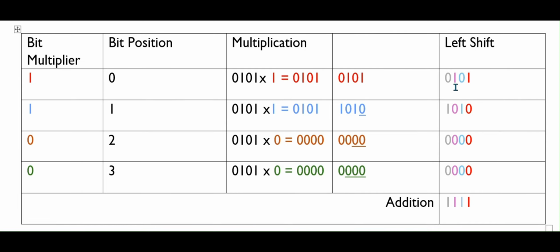Now, there are some numbers that could span beyond the 4 bits. What happens in that case is that you have to allocate extra zeros to cater for those. For instance, I can increase the bit size, so I'm now going to use 8 bits: 1, 2, 3, 4 here, 1, 2, 3, 4 here, and the last one, 1, 2, 3, 4.